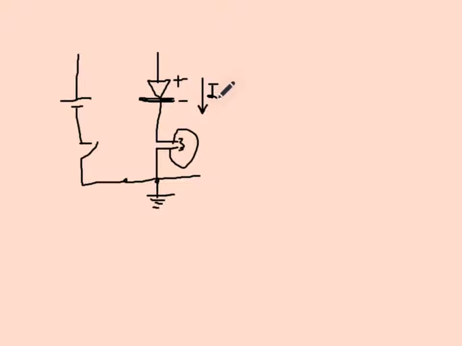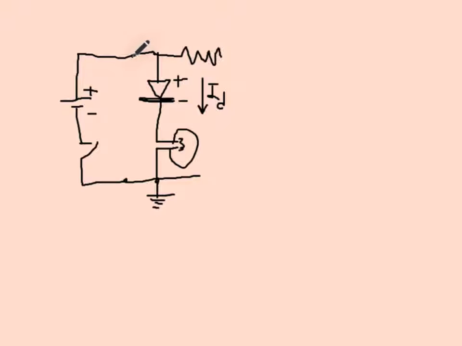Let's call this ID, the current passing through the diode. So remember that if we go back to the EMF, the longest electrode is positive and the shortest electrode is negative. So I'm going to close this way. Let's put here a resistance.